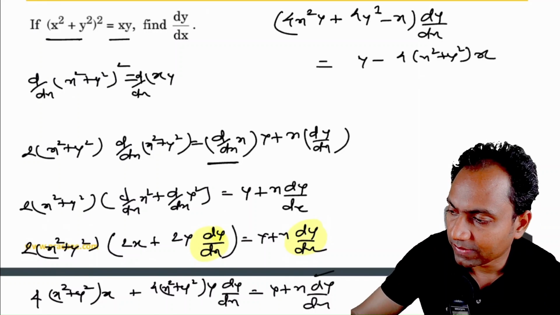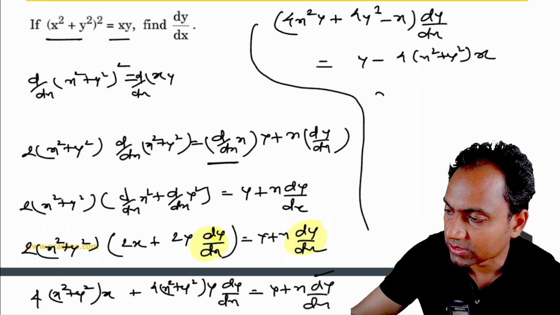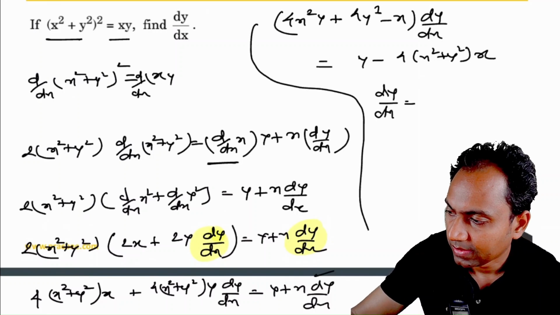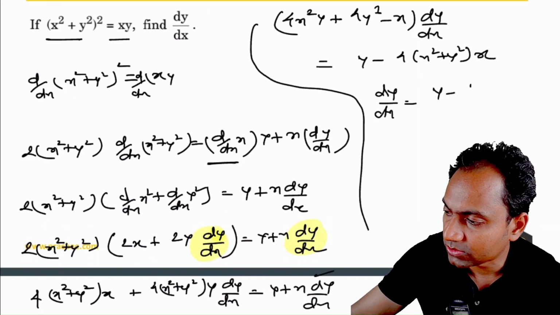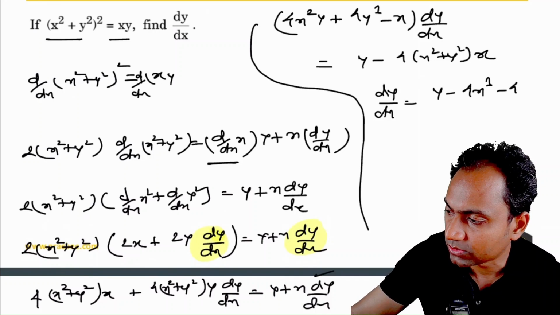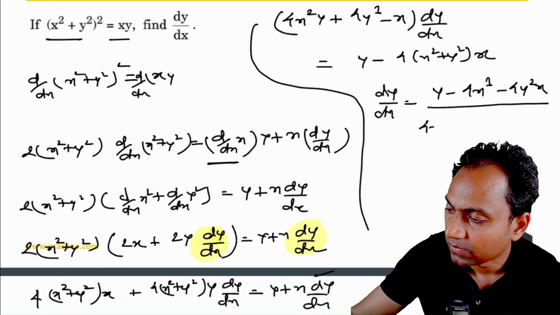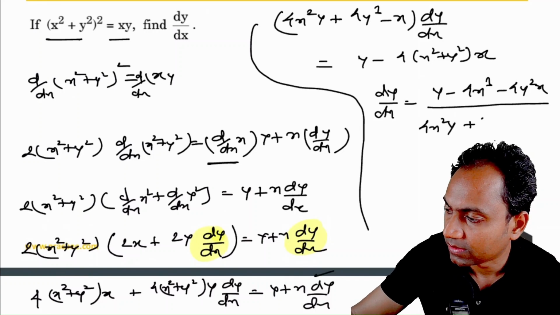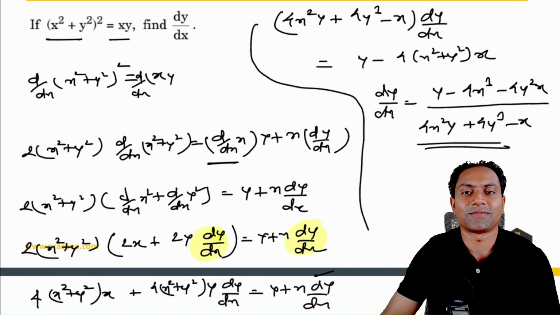And if I find the value of dy by dx from this side, it comes to be y minus 4x cube minus 4y square x divided by 4x square y plus 4y cube minus x. Now this is the answer that we are getting.